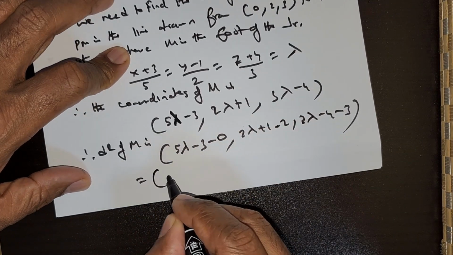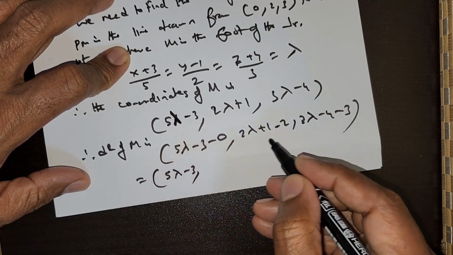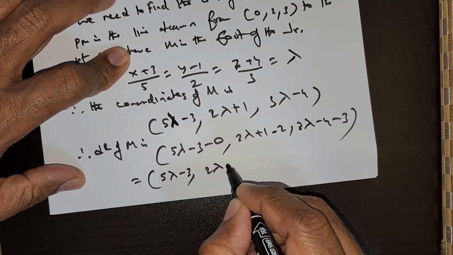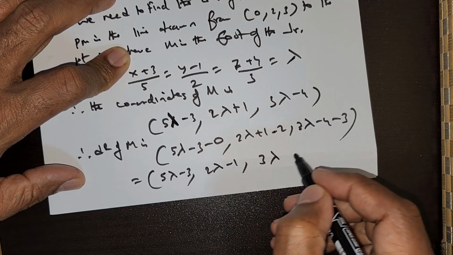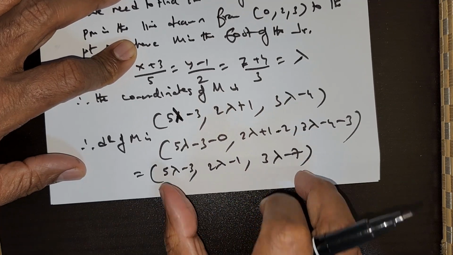What do you get? You get 5λ − 3, 2λ − 1, and 3λ − 7. So this is what we've got.